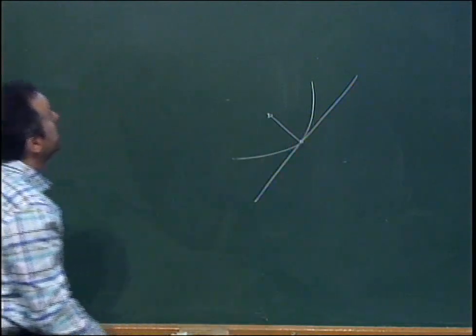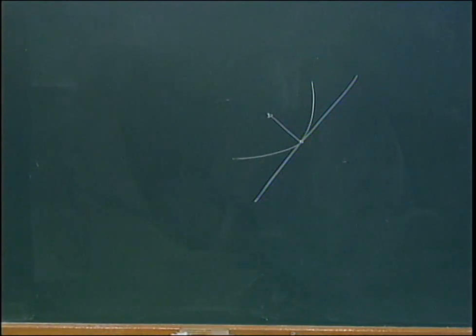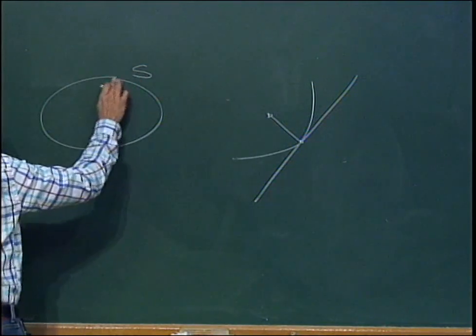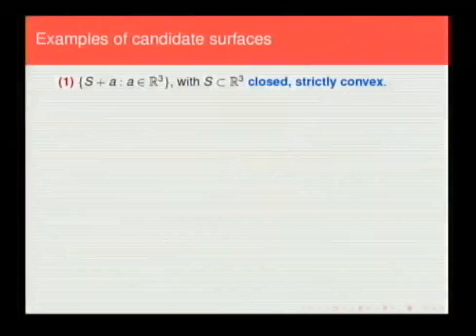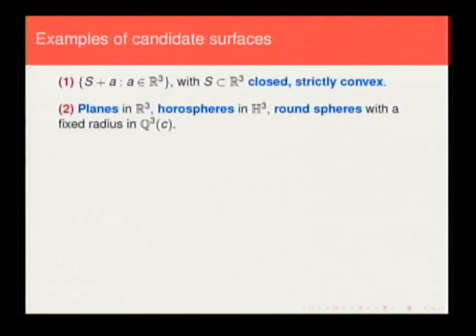For instance, if we consider an ovaloid S in R3, and we consider all the translations in R3 of this ovaloid, we obtain a candidate family, because given a plane and a point, of course, there is only one translation of this ovaloid that is tangent at that point with the same normal. This is an example of a candidate family in R3. Other examples are planes in R3, this is obvious, or horospheres in H3, and also, in general in space forms, round spheres with a fixed radius.